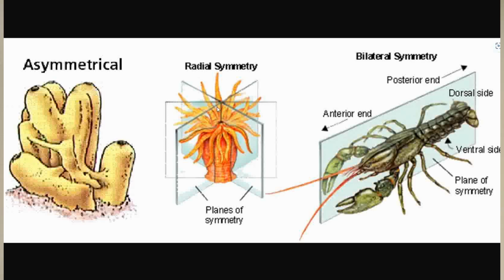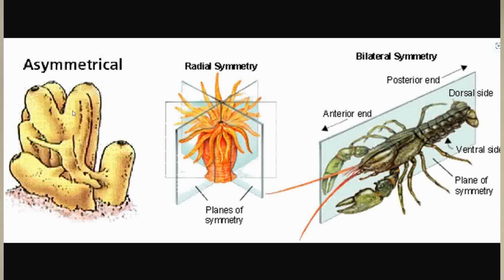And some organisms are radially symmetrical. In that case, like you have here for the anemone, you can get equal halves in any plane you choose to divide it. So such organisms are radially symmetrical, and there are some organisms that are called asymmetrical.